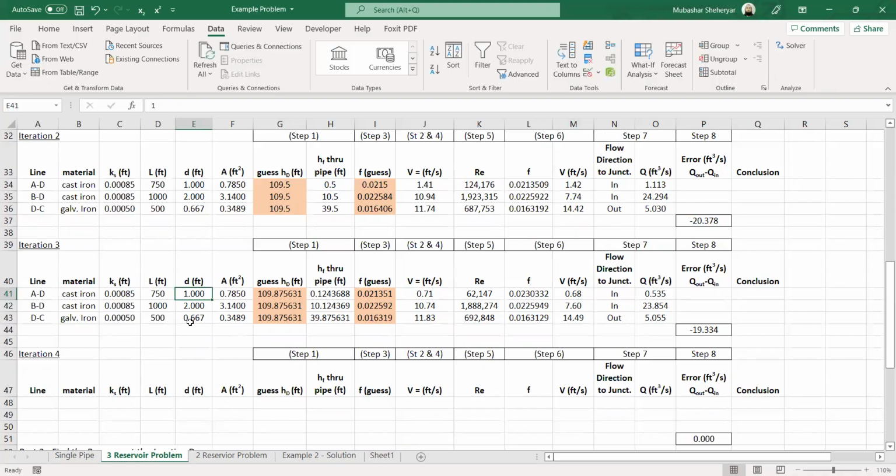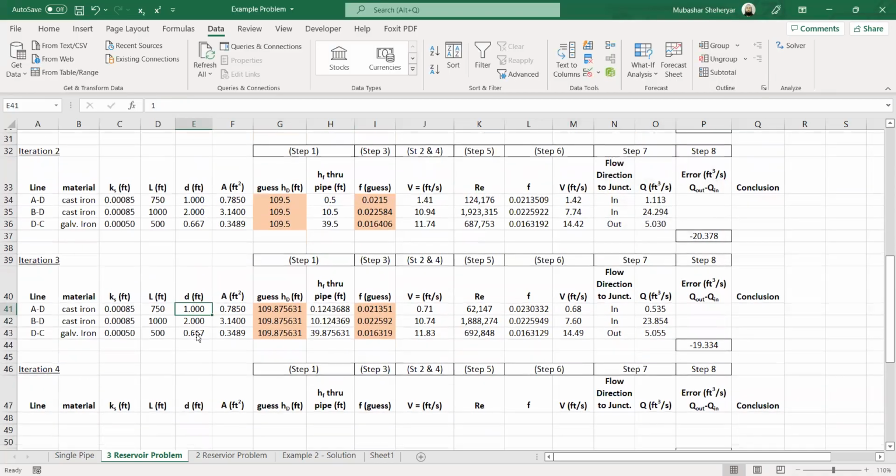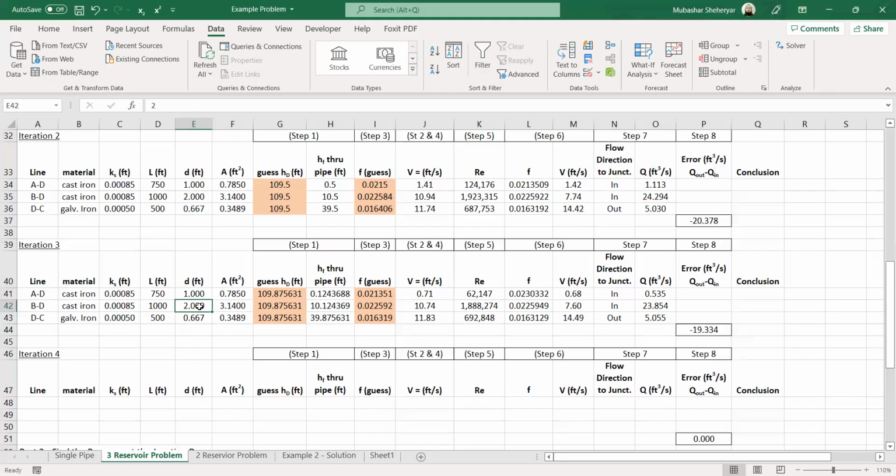So we think we are assuming the wrong value. Let's try 1.5.